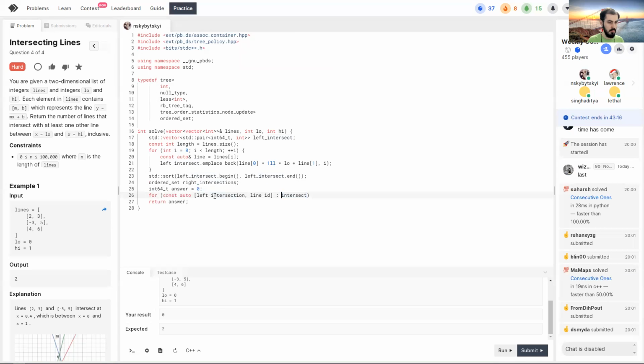We want right intersection order_of_key of line, line ID.